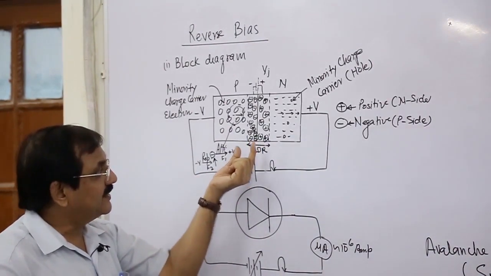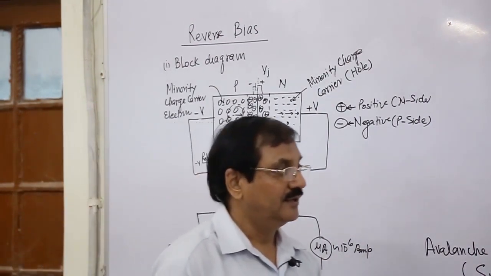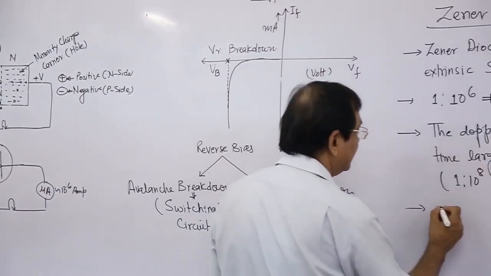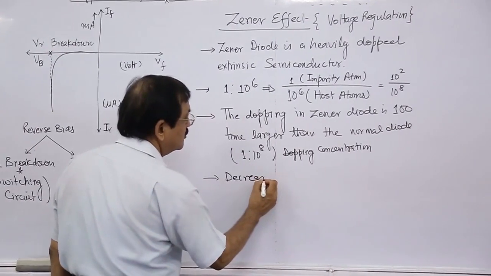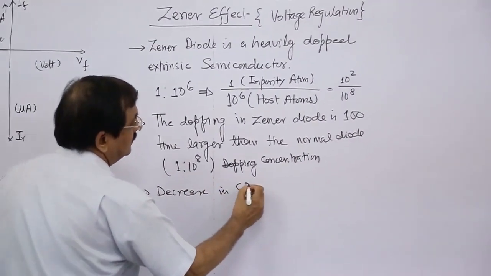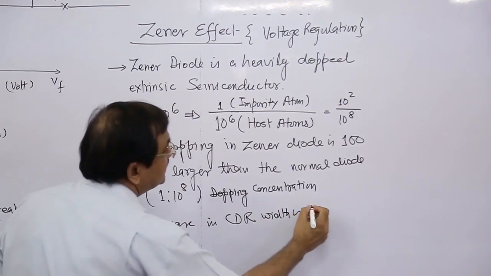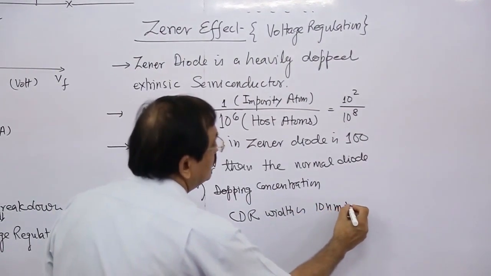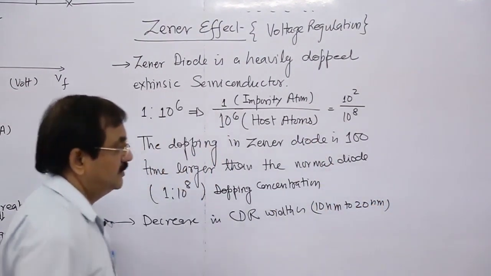That is, there is a decrease in CDR width, which is approximately 10 nanometer to 20 nanometer.